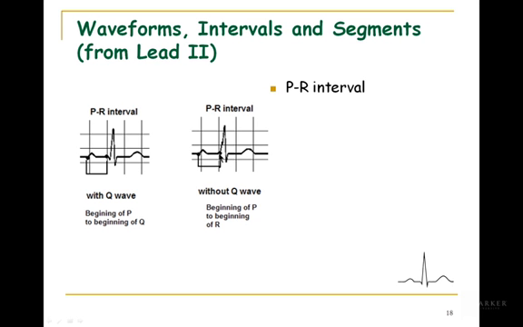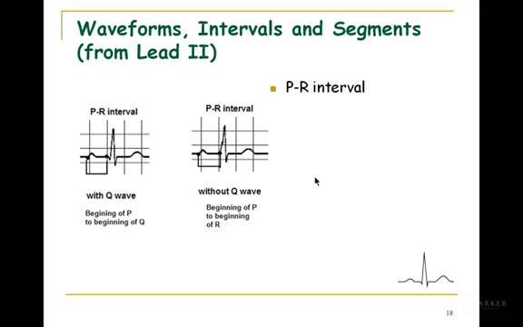again, right before it leaves baseline. What that tells you is the amount of time it takes for that electrical impulse that originated from the SA node to make its way to the ventricles. That's what the significance of the PR interval is.